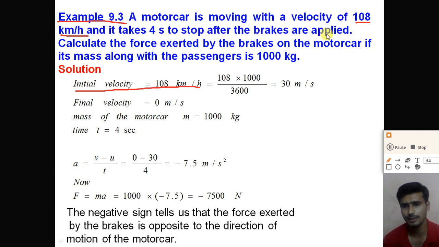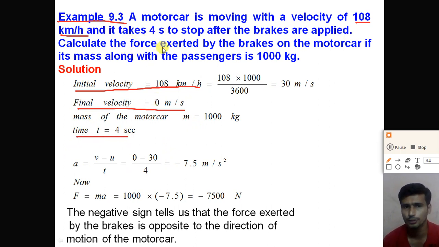After applying the brakes, it will stop in 4 seconds. So it will stop, that means its final velocity is 0. So here the final velocity of the motor car is 0, right? In 4 seconds. So the time given to you is 4 seconds.